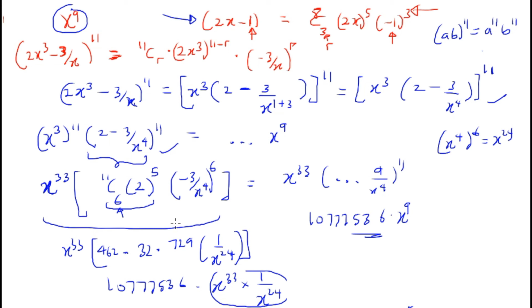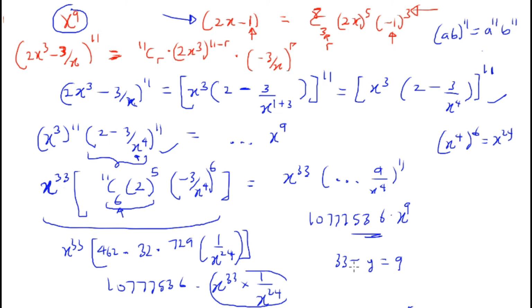Then what you should think of is to have a power of x right here, which would divide this power in such a way that you will have the desired power. Your desired power is 9. So in my case I had 33, and I need 33 minus a particular value which must be equal to 9.